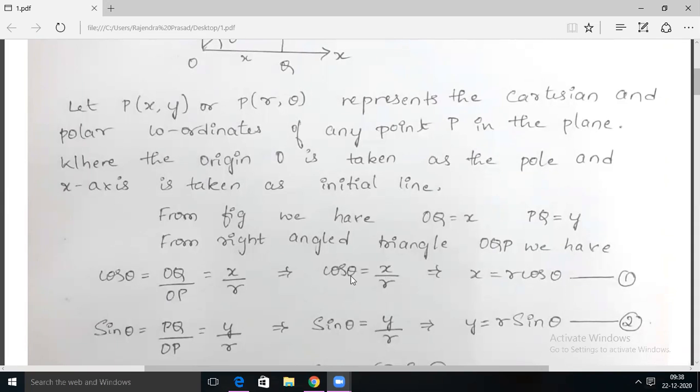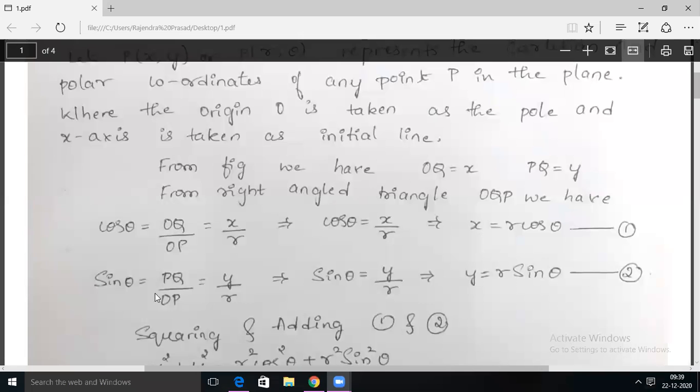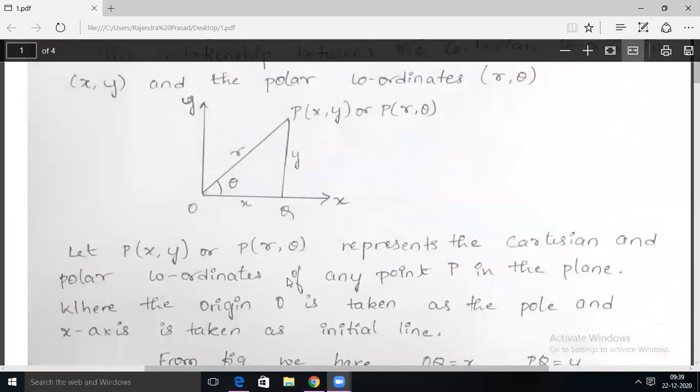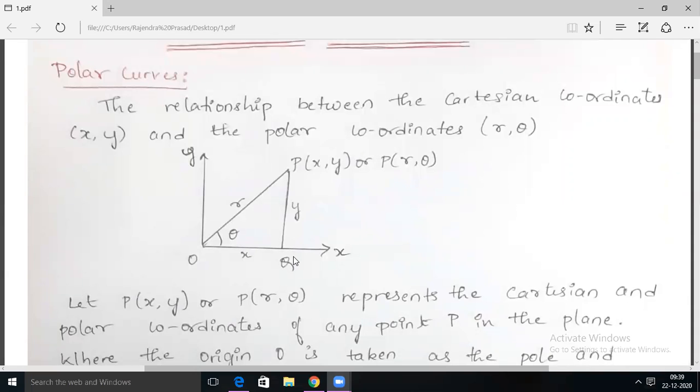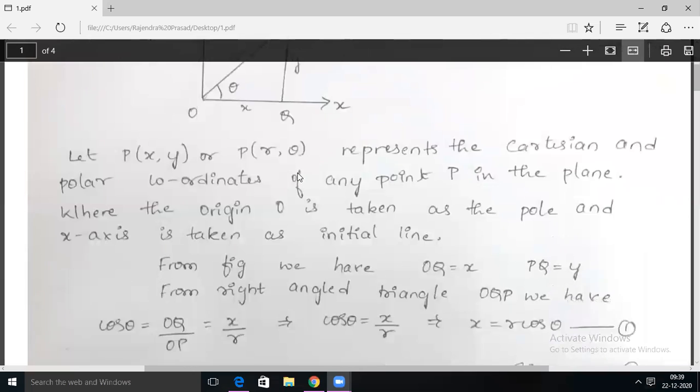Therefore, by cross multiplication, x is equal to r cos theta. Consider this equation number 1. Next, similarly, we shall consider sin theta. Sin theta is equal to PQ upon OP. PQ is the opposite and OP is the hypotenuse.